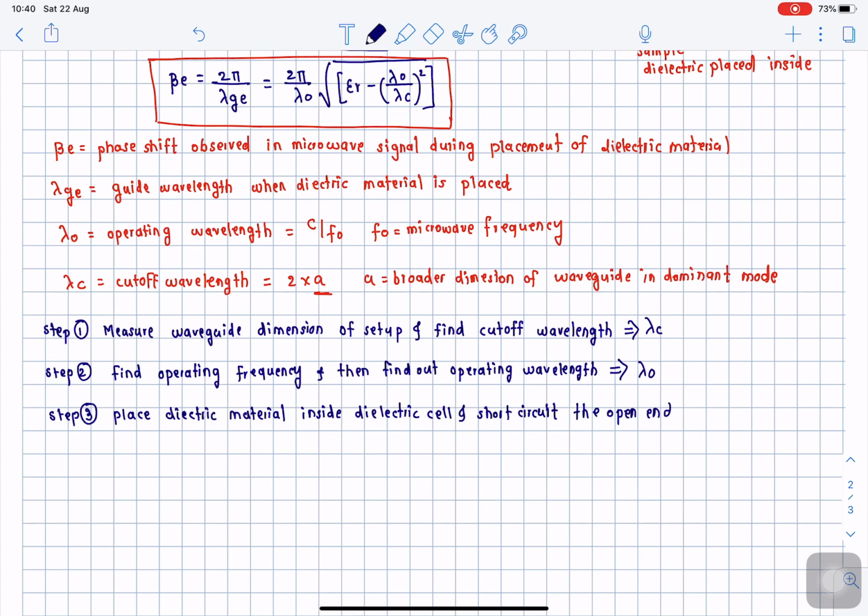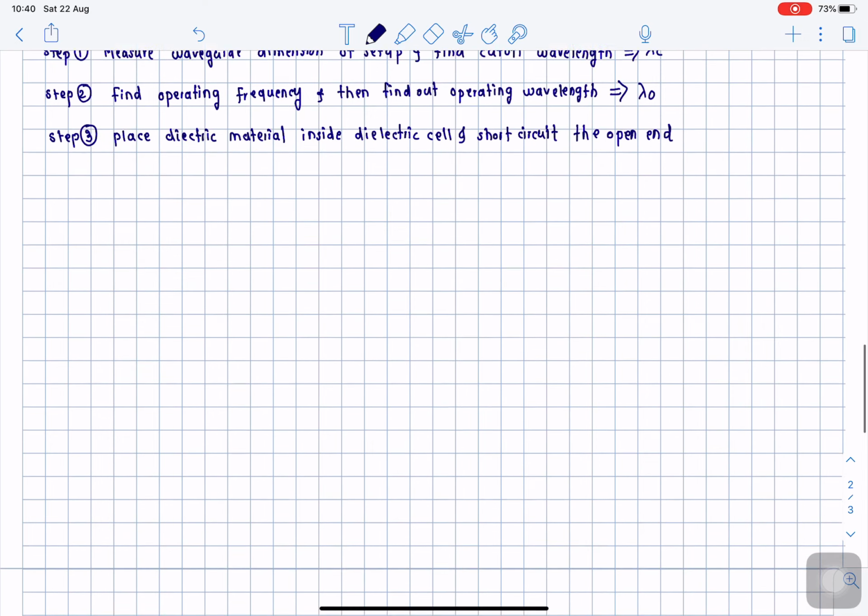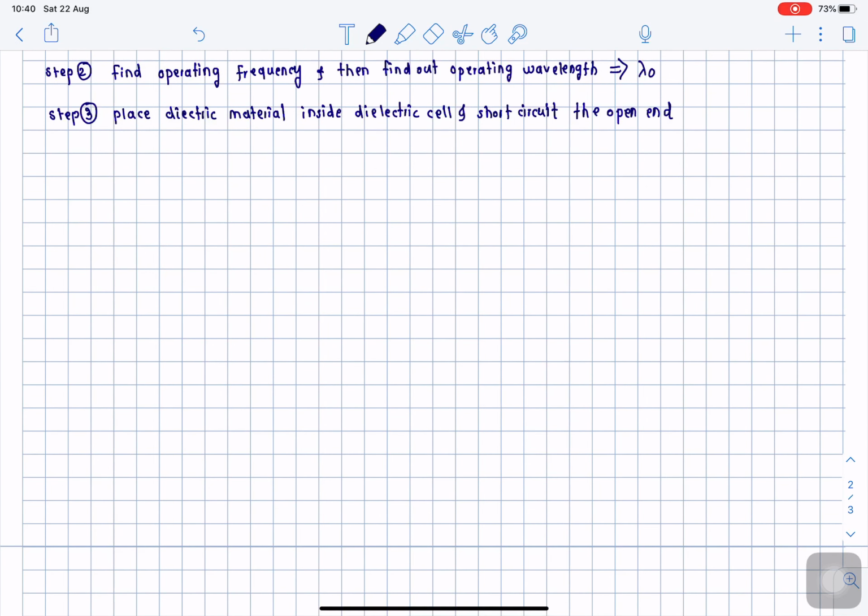I will elaborate this particular procedure over here. Let us say this is the open cross section view of the rectangular waveguide. At the end we are going to place a short circuit, which I will denote as a short circuit.